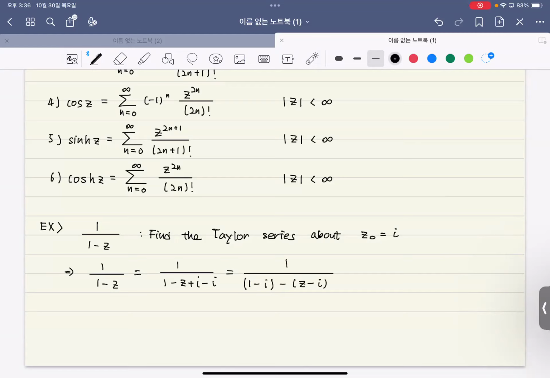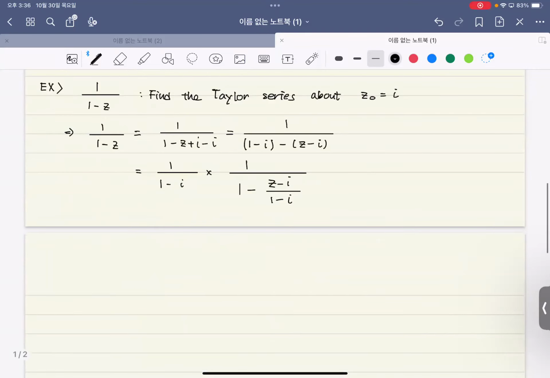Then I can divide everything by the denominator. I can factor out this 1 minus i, then 1 minus (z minus i) over (1 minus i), right?